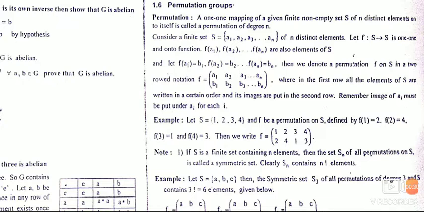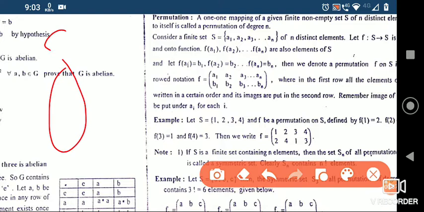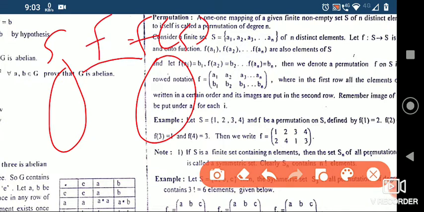So what's happening here is one-to-one means, you have a set S, and there is one more set, let's say this is f of S. A function f is mapped here.